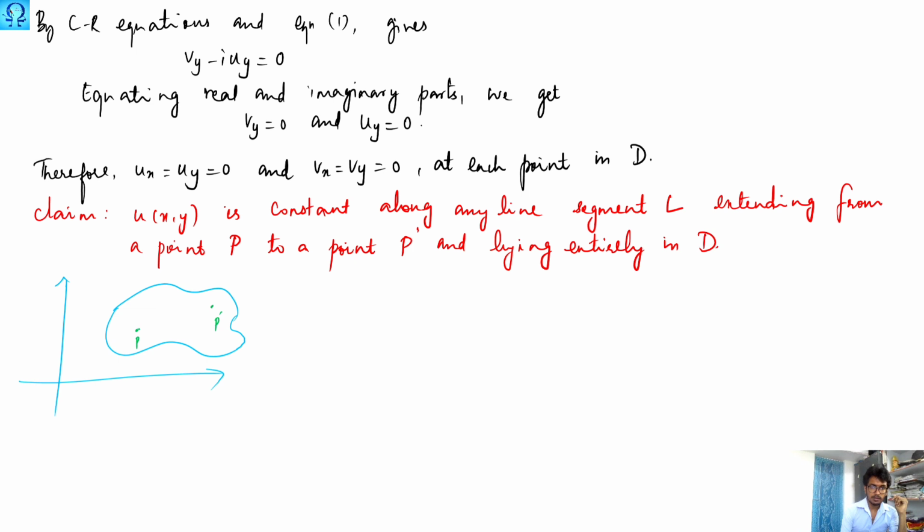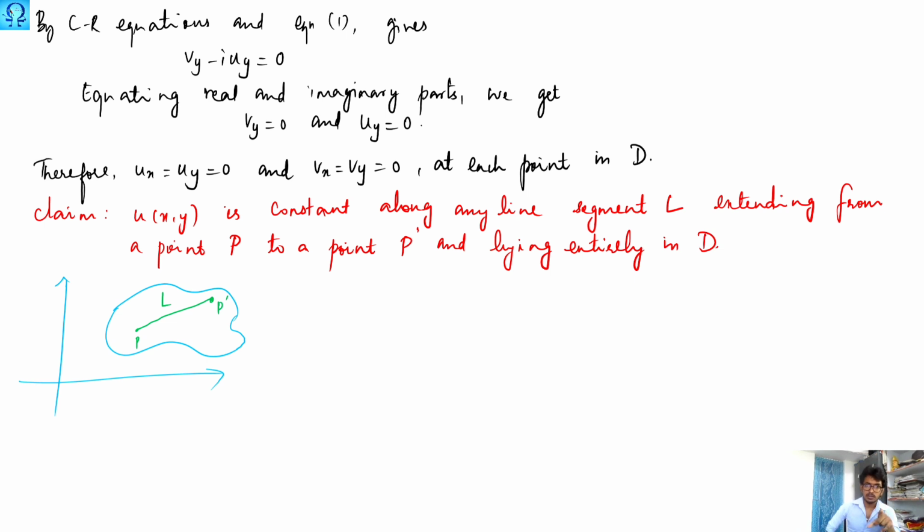You have a line segment that joins these two points. This line segment is taken as L. We will have to prove that along this line segment the function is constant.